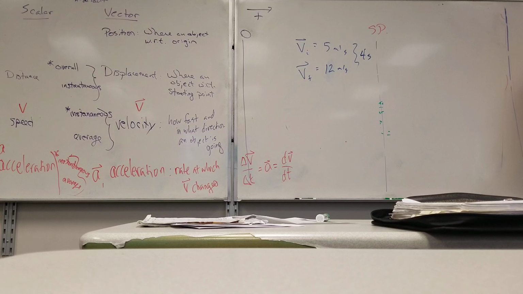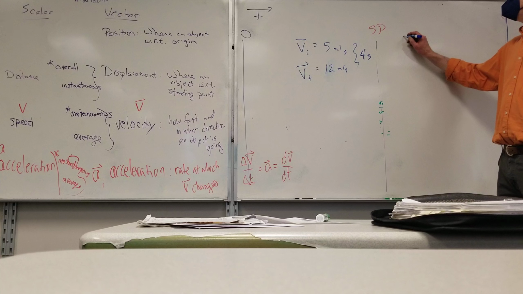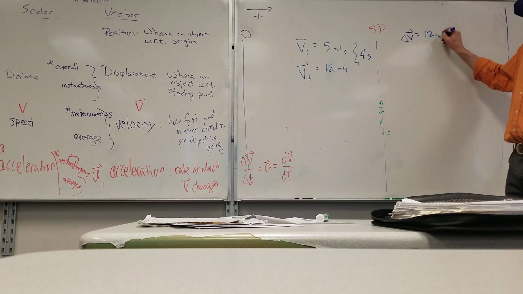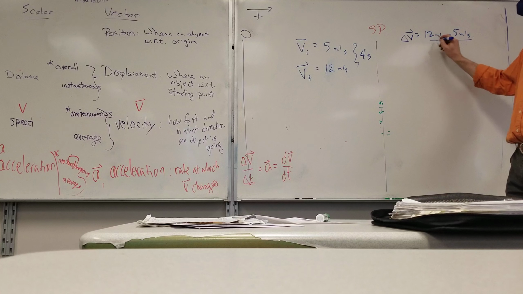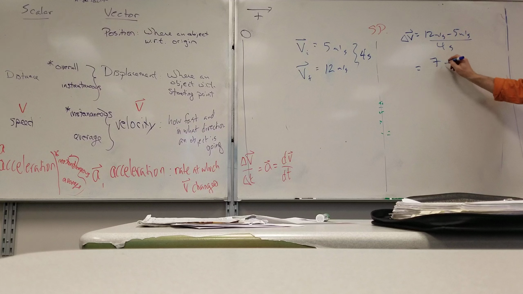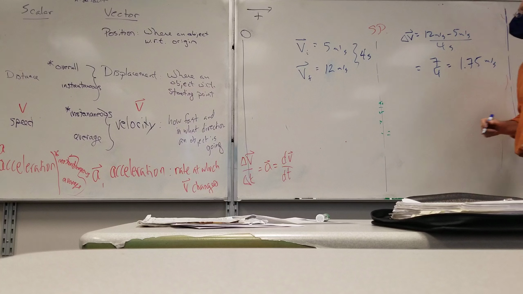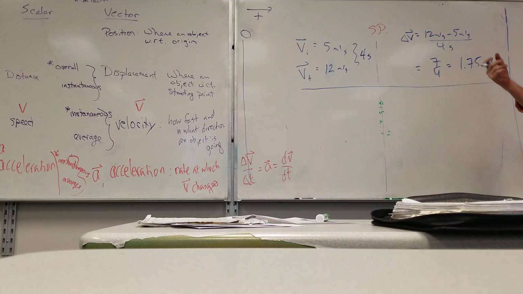There's more than that. Because the final is greater than the initial. There we go. Because if I plug into my formula, my change in velocity is 12 meters per second minus 5 meters per second divided by 4 seconds, which is 7/4 or 1.75 meters per second. So I have positive acceleration. I was speeding up. I got positive acceleration.